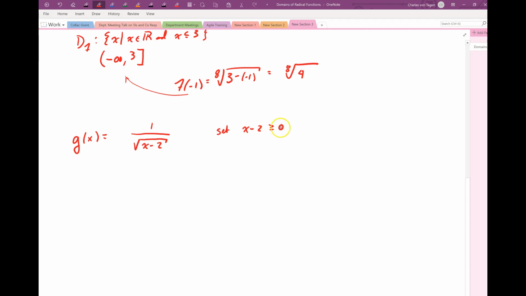Even though for taking the square root it's okay to let x be 2, I need to make sure I'm not dividing by 0. So we need a strict inequality, strictly greater than 0. This gives us that x must be greater than 2. So the domain of g is the set of x such that x is any real number and x is greater than 2. Or in interval notation, it would go from 2 to infinity.